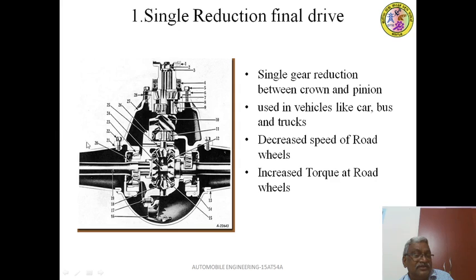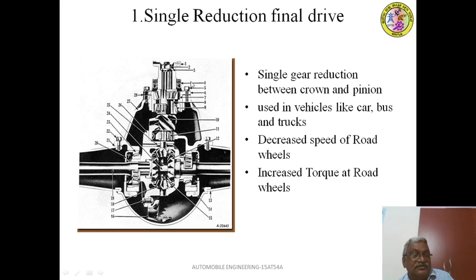That's why the outer wheel rotates faster and the inner wheel rotates slower. That's why the vehicle can easily take a turn. Like this, the differential allows the vehicle to take a turn with pure rolling of road wheels without any skid.